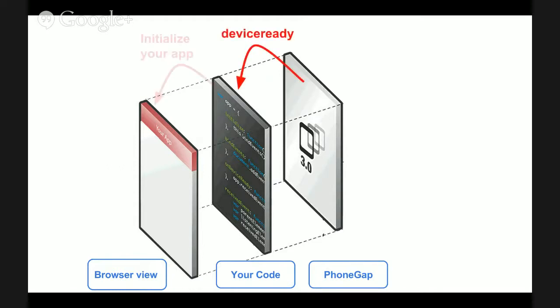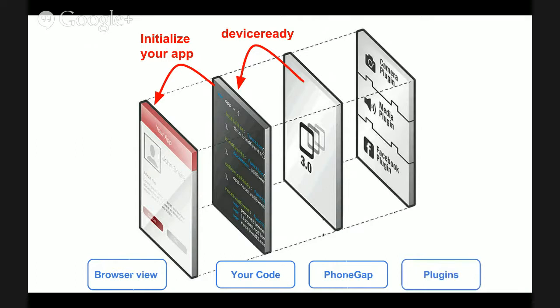Then your code initializes your application. When you need native features such as accessing a camera, you can use a native plugin. Your code calls the native plugin code through PhoneGap and gets back the result data, such as image data.